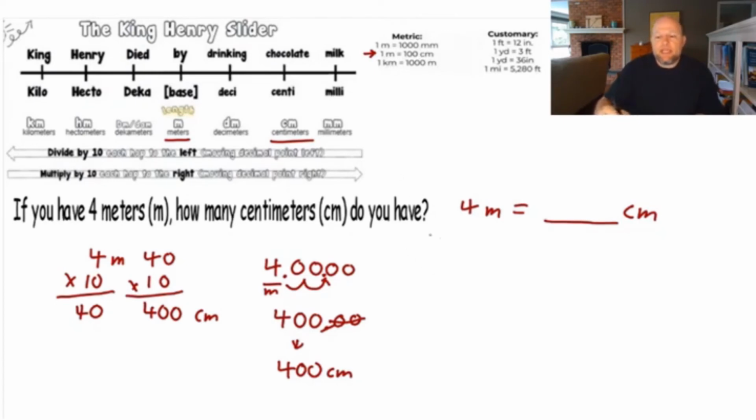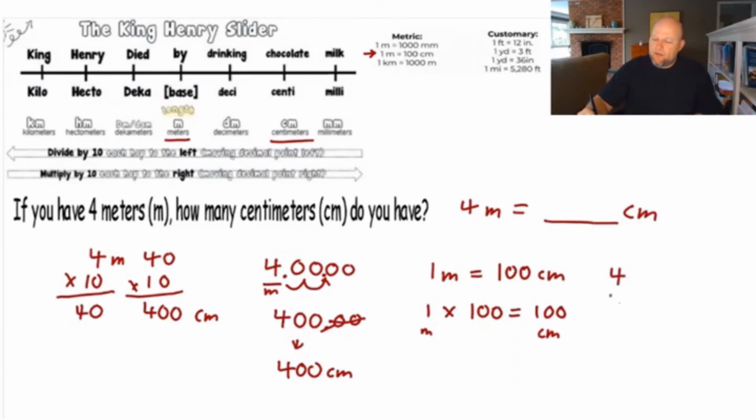And if we look at this like we did the customary yards to feet, 1 meter equals 100 centimeters is the same as writing 1 meter times 100 equals the amount of centimeters, which is 100. Now if we plug our 4 into this equation, we have 4 meters times 100 equals our centimeters, which in this case would be 400.